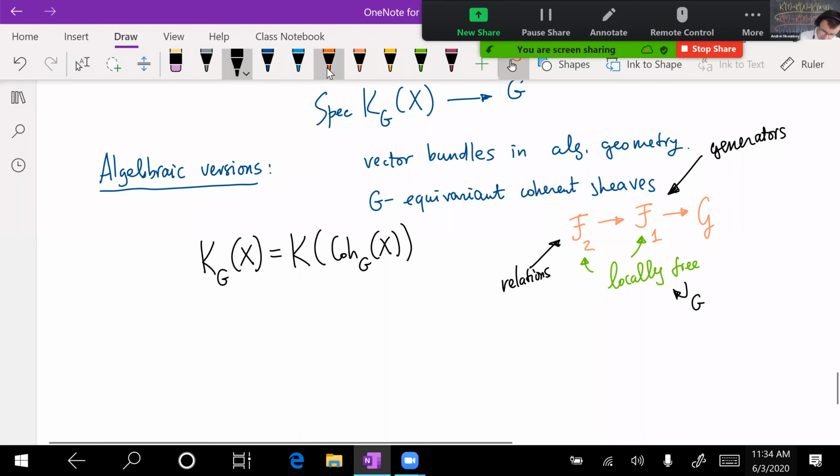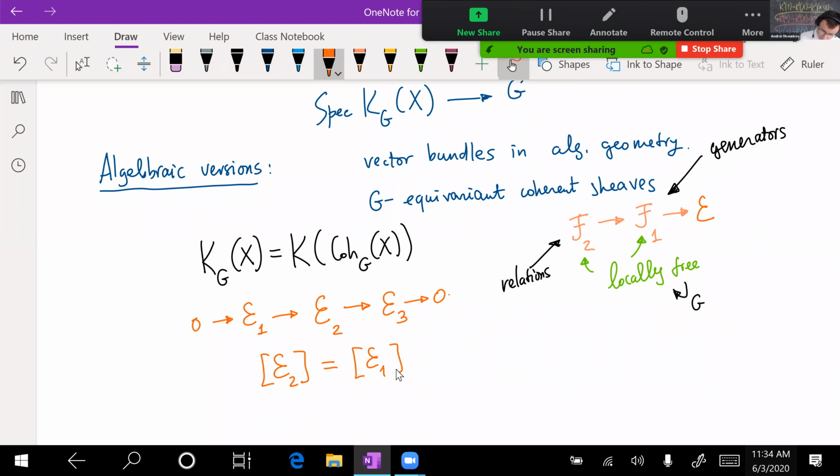It means if I have an exact sequence, let's denote it by E, with a sub E1 and a quotient E3, then I declare that the class of E2 in K-theory is the sum of E1 and E3.